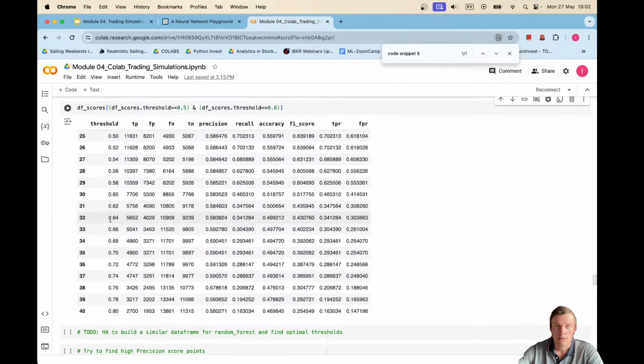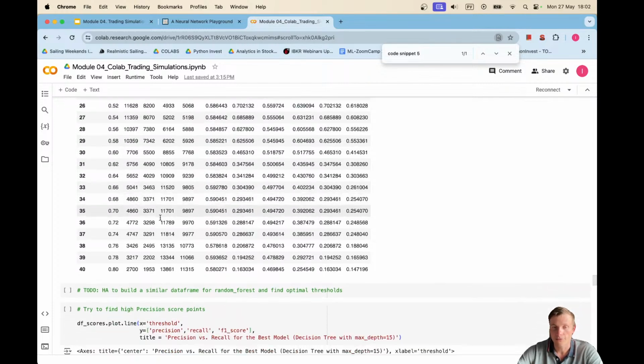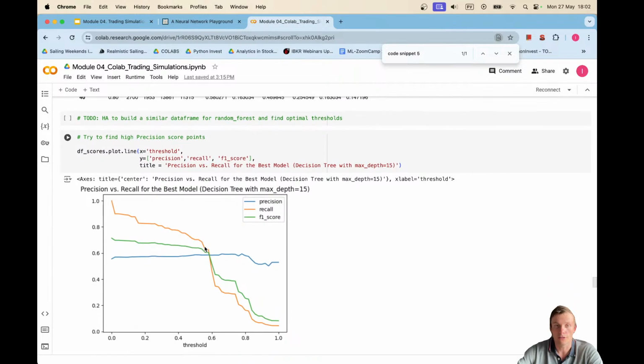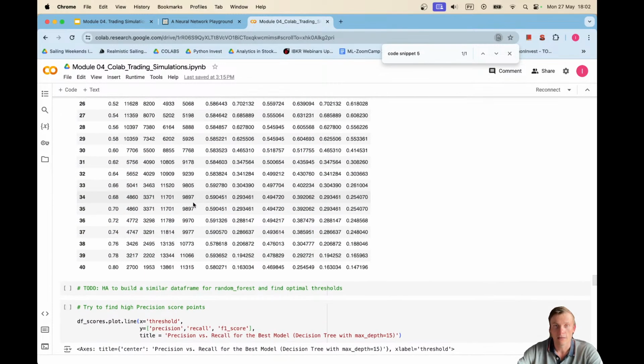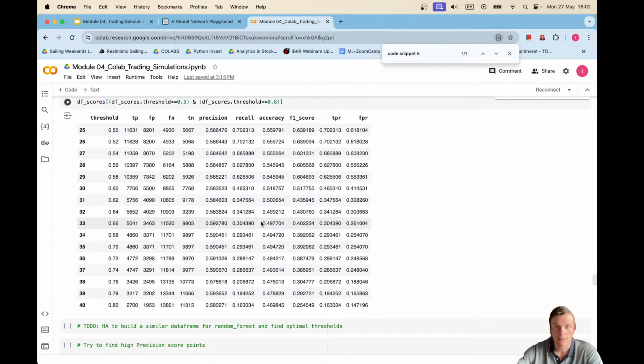It can be every even threshold or even lower granularity, and you can draw graphs with the threshold value between 0 and 1 and precision, and you can see that it is growing slowly, and at some thresholds, like 0.66, if I remember correctly, it has the optimal precision of 59.27, or actually 0.78 gives 59.36.